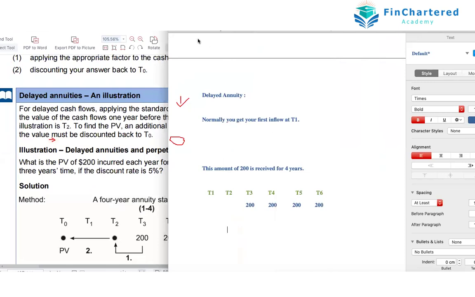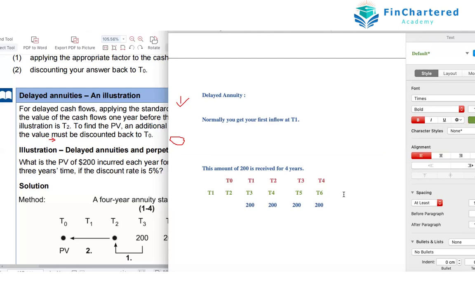Again, remember the assumption is what? The assumption is time 2 is time 0. Time 3 is time 1. This is an assumption. It's in red, so it's an assumption.